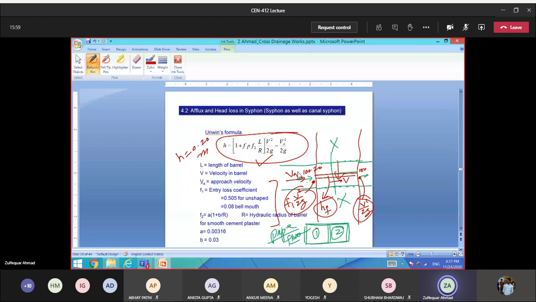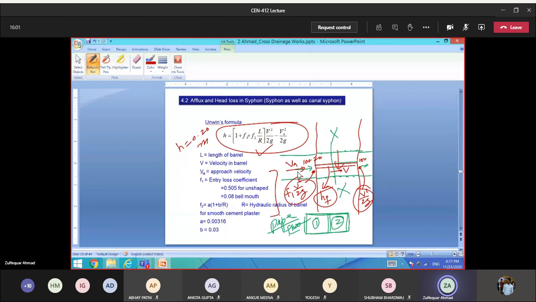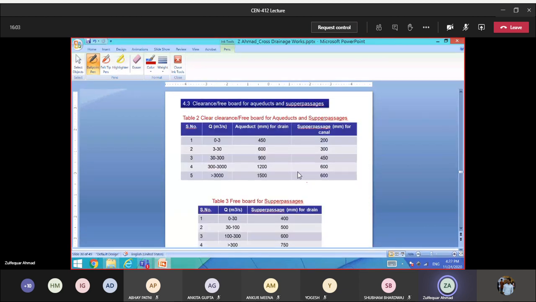Okay, so in this way you can calculate. Then coming to the clearance or the freeboard. See here, in the case of the aqueduct, the canal is here, and the drain is below this.